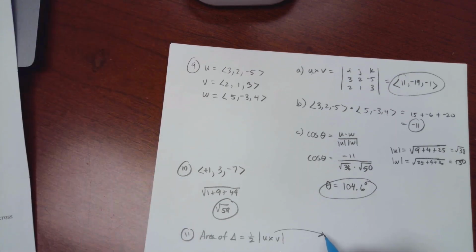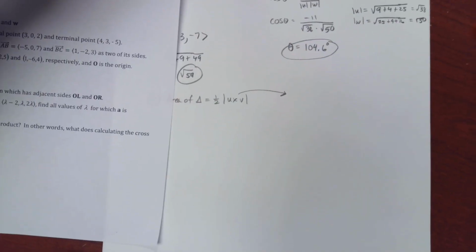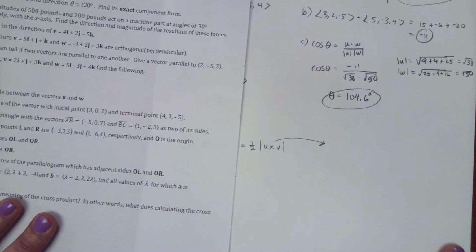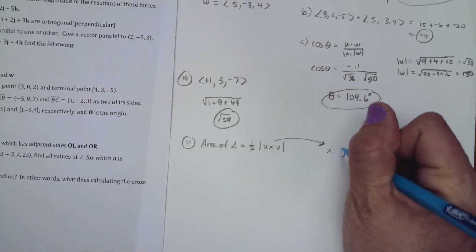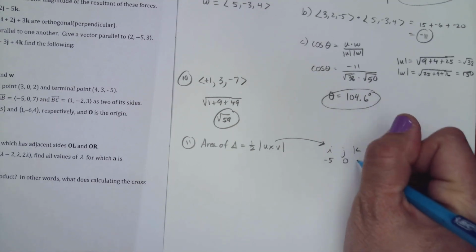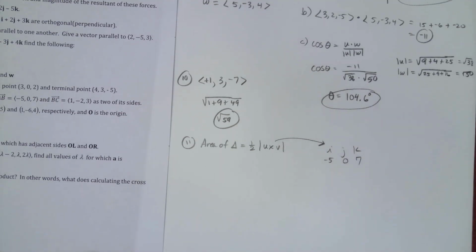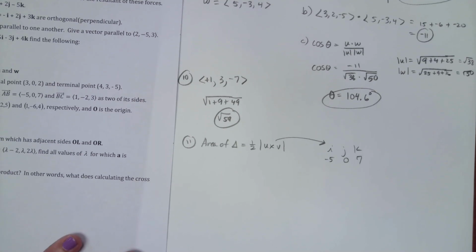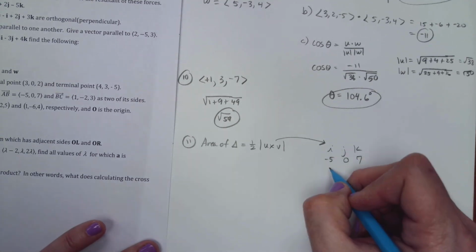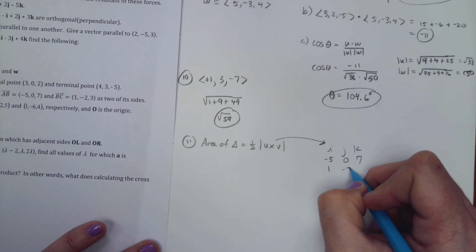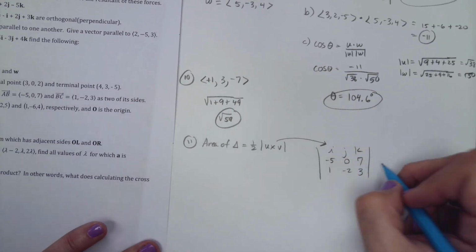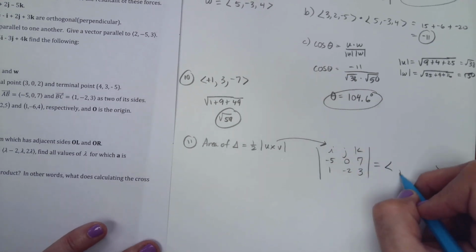So my cross product, sorry about that. My cross product is, where are they? -5, 0, 7. And 1, -2, 3. Okay, so let's see.